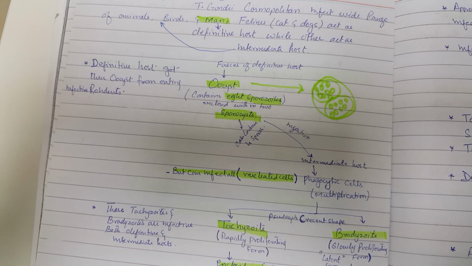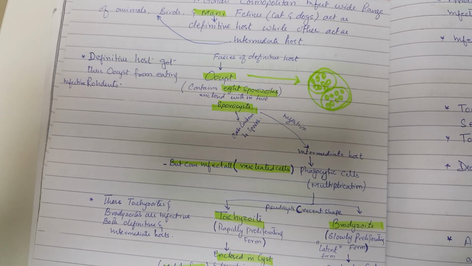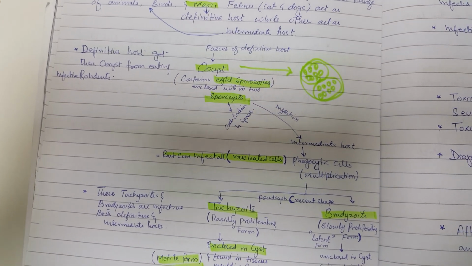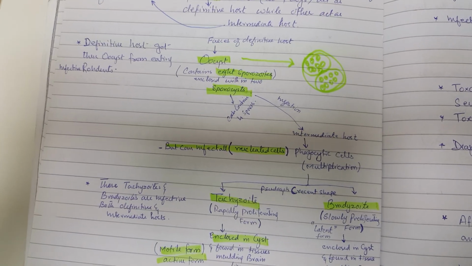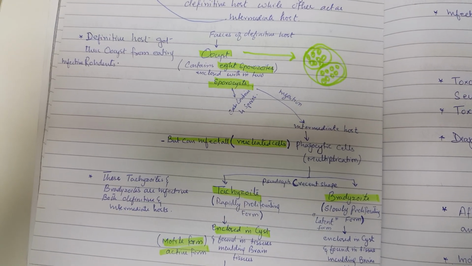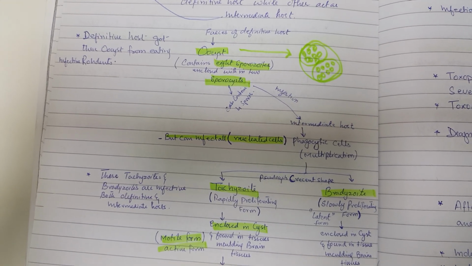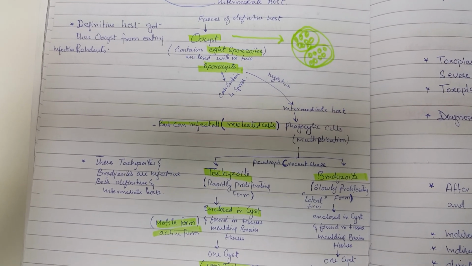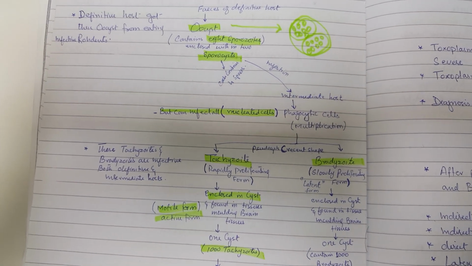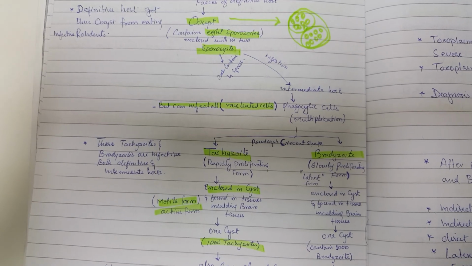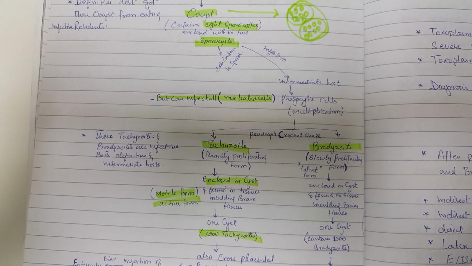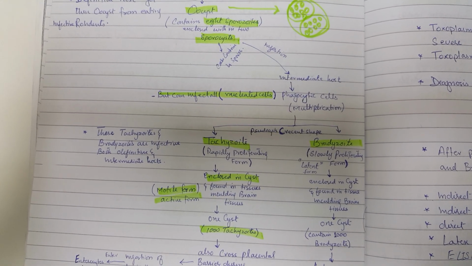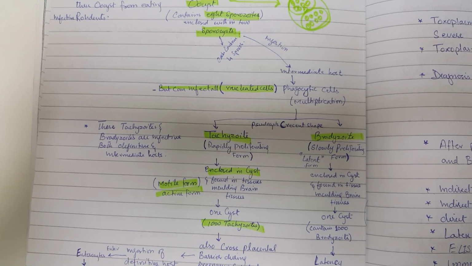In phagocytic cells, multiplication and pseudocyst formation occur: the crescent-shaped bradyzoite is the slowly proliferating, latent form, and the tachyzoite is the rapidly proliferating form, enclosed in cysts found in tissue including the brain. These slowly enlarging cysts are enclosed in tissue including the brain.